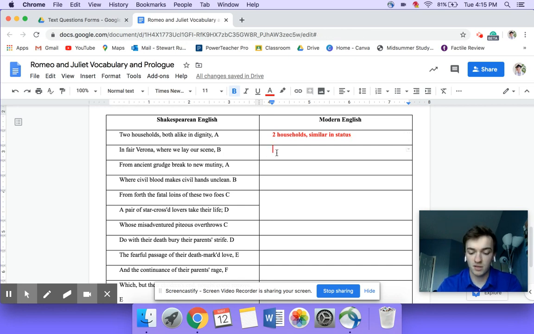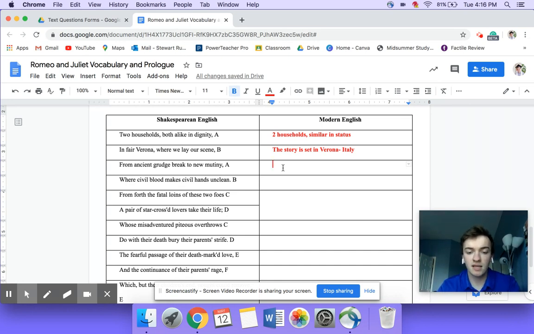So the story is set in Verona, which is in Italy. It is a made-up city for our purposes here with Romeo and Juliet, but it is in Italy. "From ancient grudge break to new mutiny."